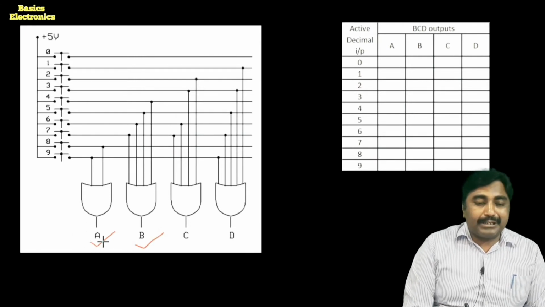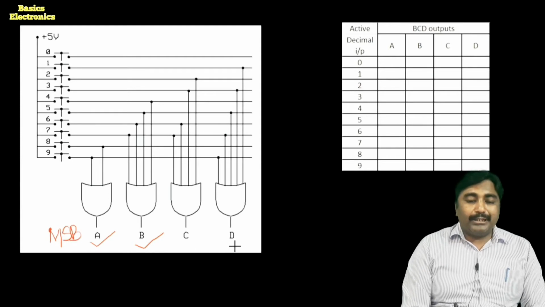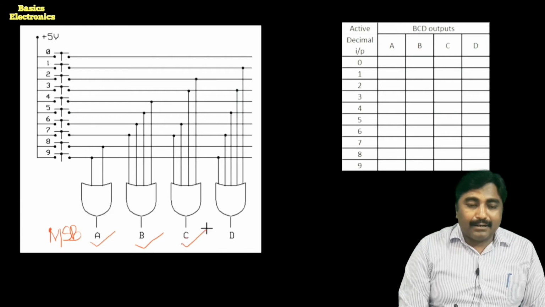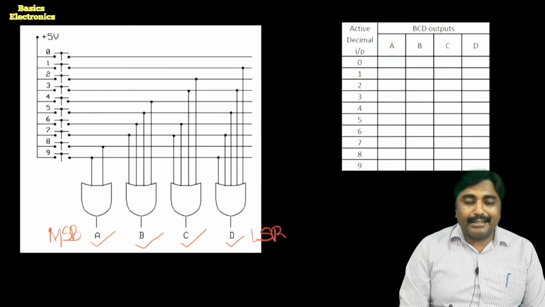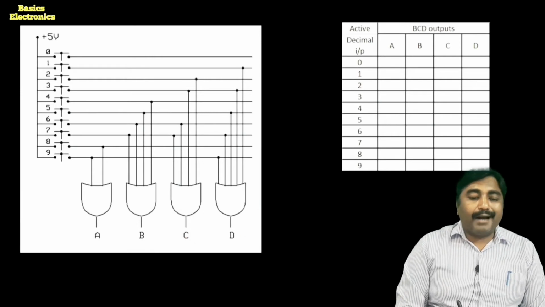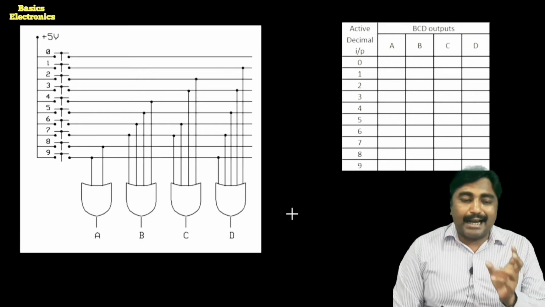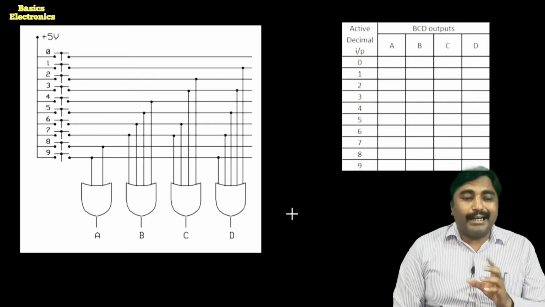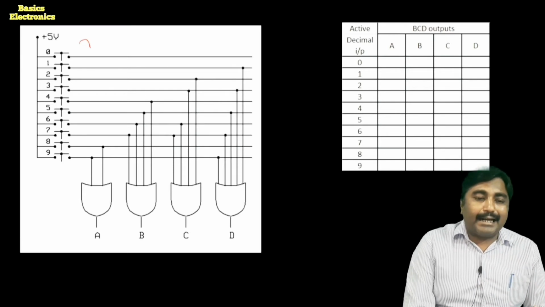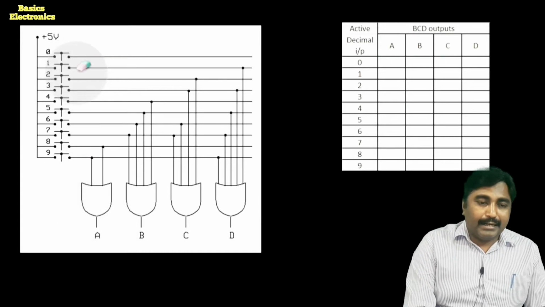The gate having the A output is the MS bit gate, and the gate having the D output is the LS bit output. We require 4 OR gates, and for these 4 OR gates we have input connections according to their equivalent outputs. That we will see later on.